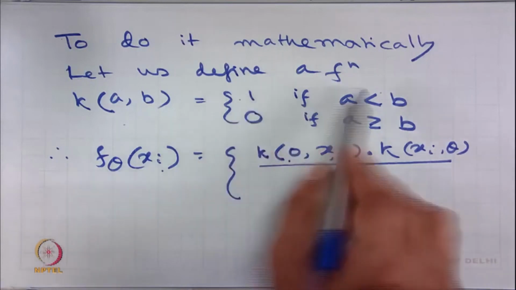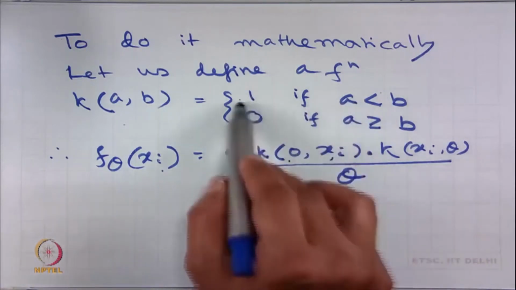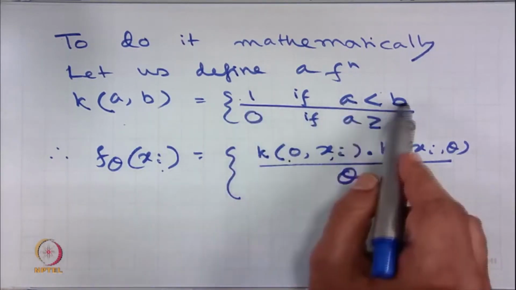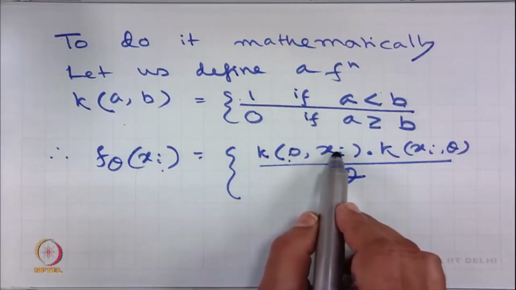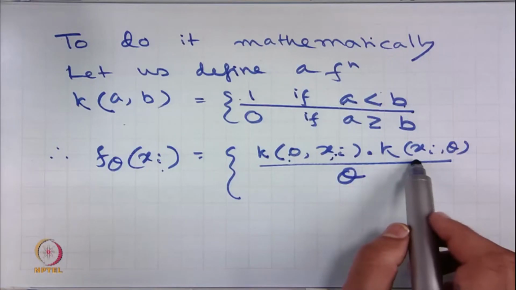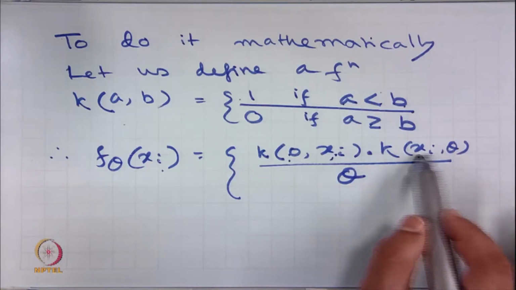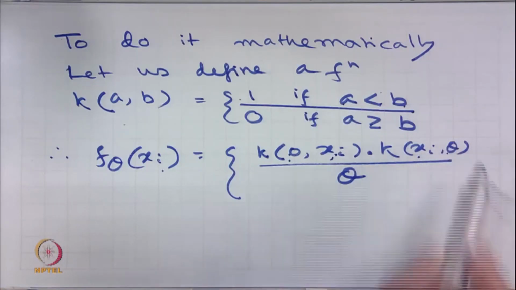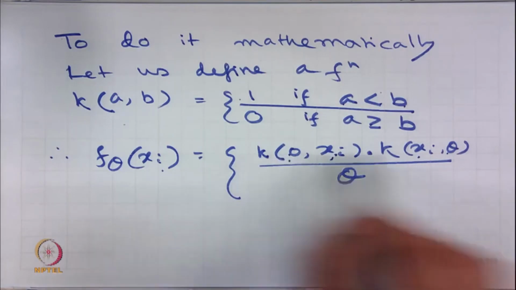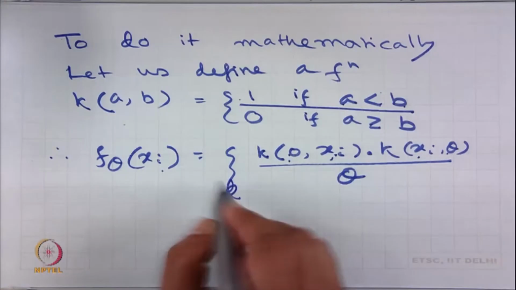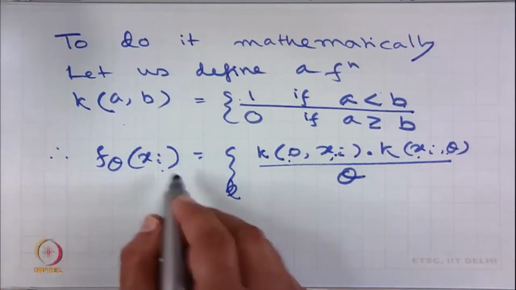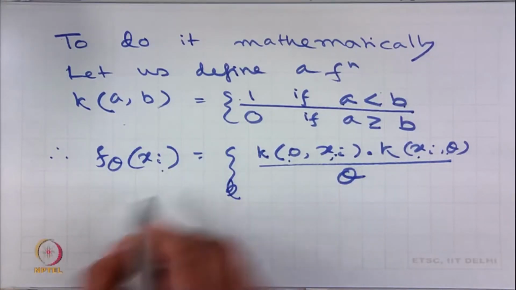So, only in these cases when a is less than b, kappa is 1. So, when 0 is less than xi and xi is less than theta, then this will be 1, and therefore, this is going to be f theta of xi for each xi.